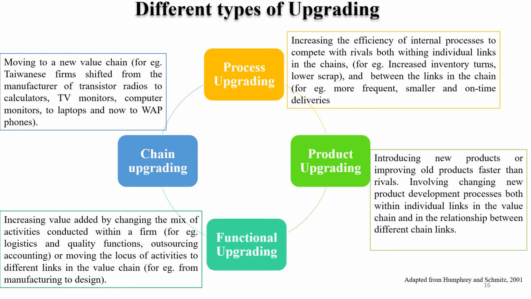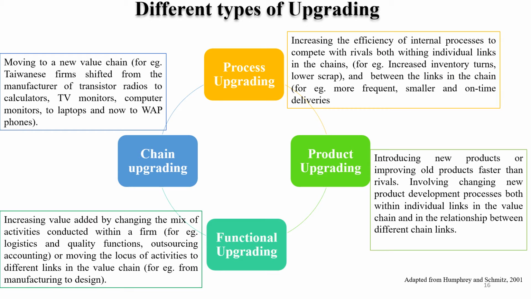Another important aspect of global value chain is the capability of upgrading. It provides opportunity to the suppliers for continuous upgrading. It could be process or product upgrading. It could also be chain upgrading or functional upgrading.